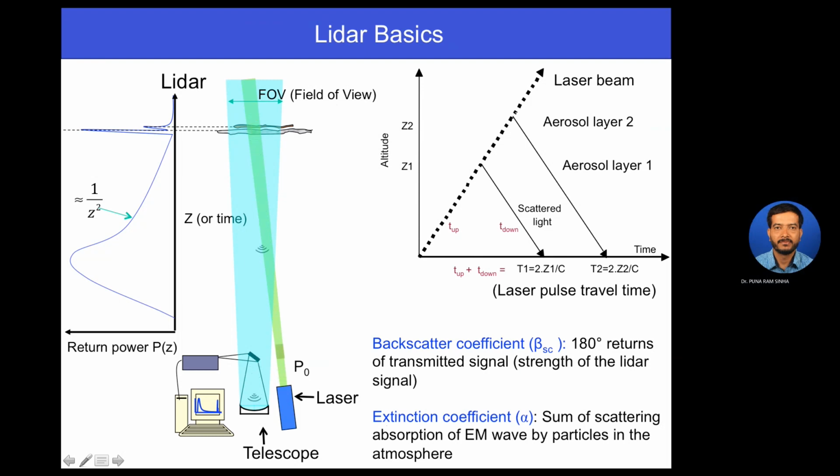The laser of given power and wavelength is transmitted into the atmosphere, and once this laser pulse is transmitted, it travels and encounters the atmospheric aerosols and air molecules, and a fraction of radiation, because of this scattering and absorption, goes back in the direction of the transmitted beam to the receiver, which is a telescope, and then it goes to the PMT for further signal enhancement, and then it goes to data acquisition.